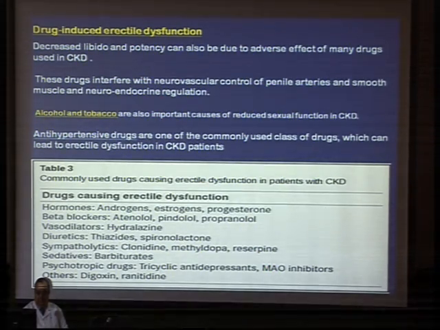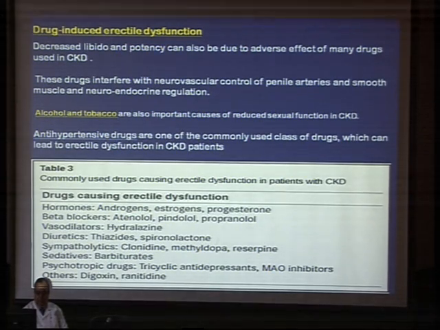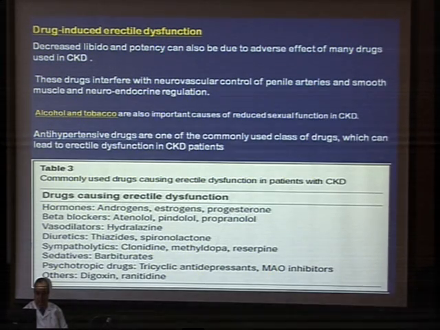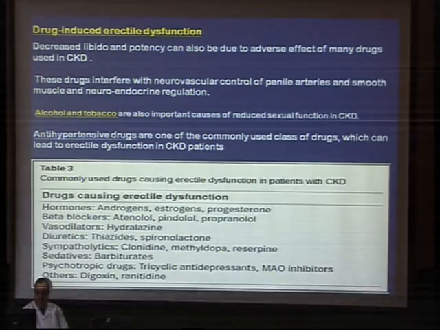Also hormones like estrogen and progesterone, some vasodilators like hydralazine, the sympatholytic drug clonidine, sedatives, psychotropic drugs, tricyclic antidepressants, and so on. Digitalis like digoxin, and ranitidine, all these drugs can precipitate impotence or sexual dysfunction in patients on dialysis.